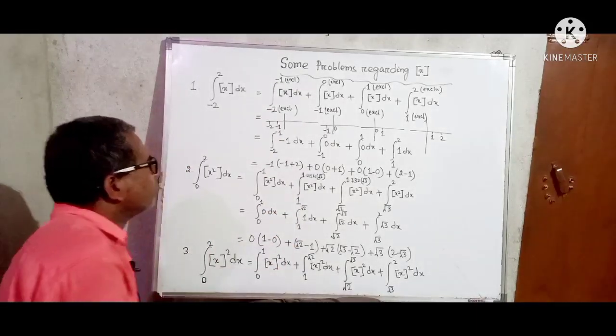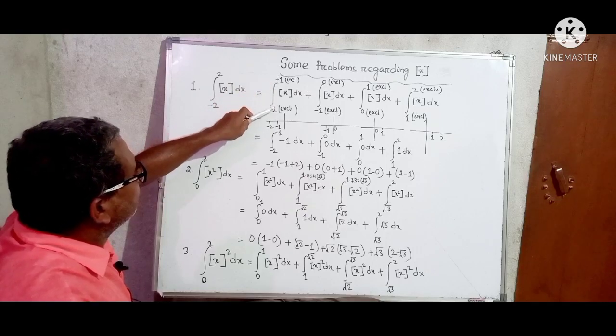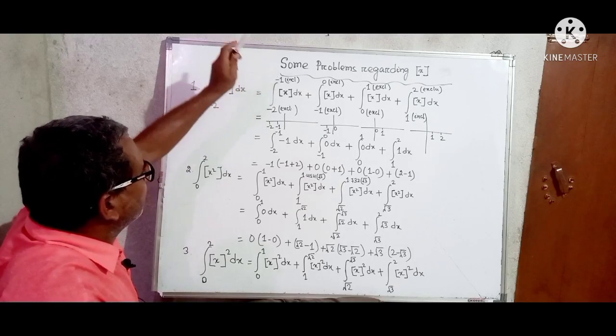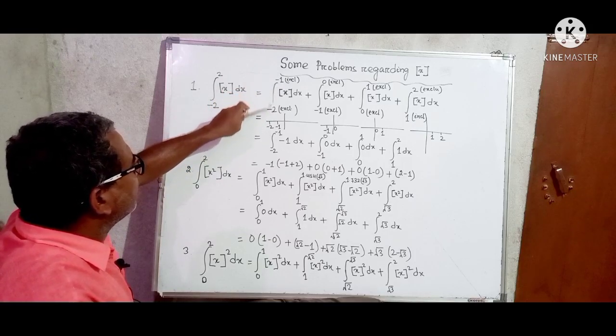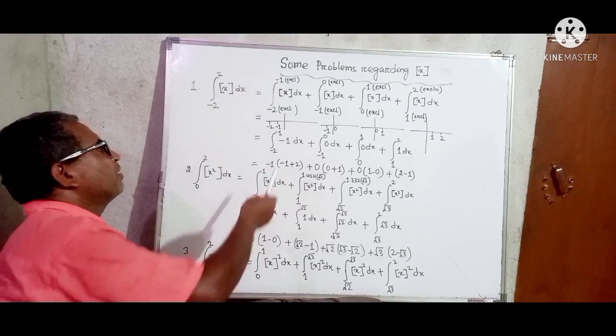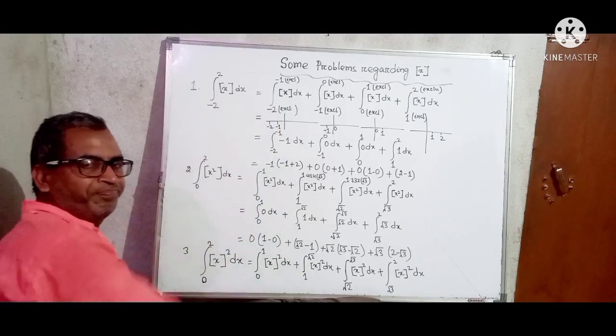Understand? That is why I have resolved it like this, minus 2 to minus 1, because the function is continuous here. Of course, here you will have to exclude minus 2.